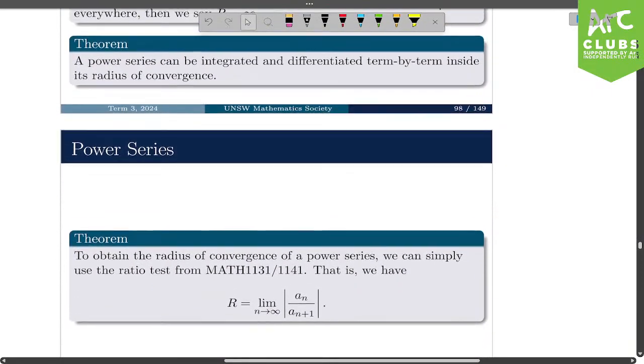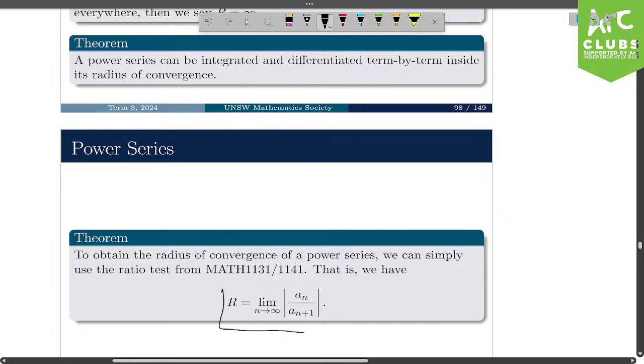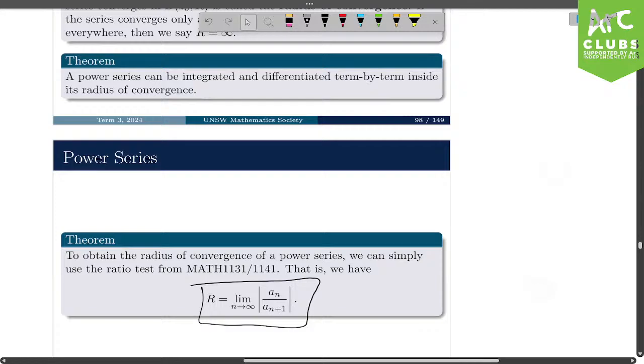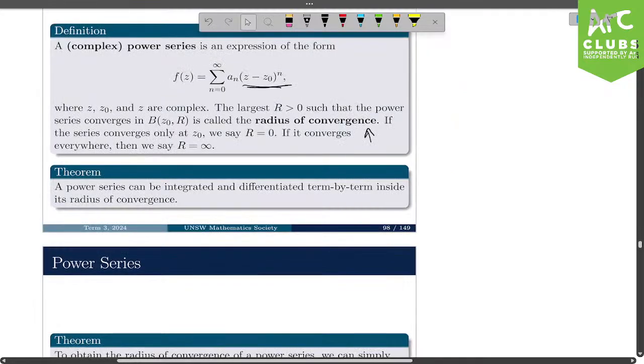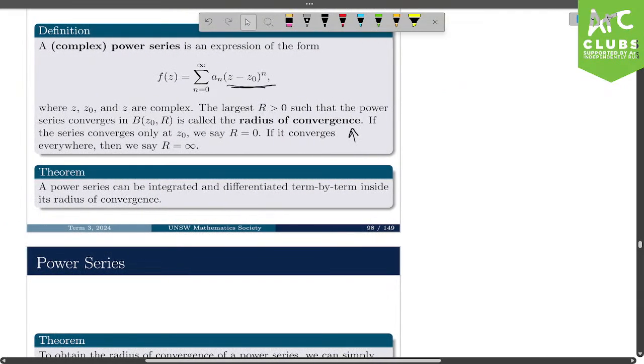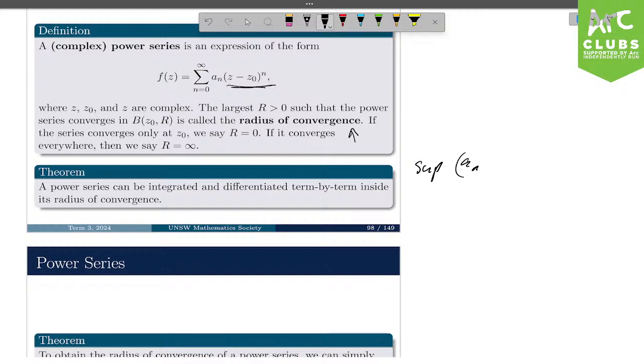A typical one used is just the ratio test, which is usually fantastic, but also, if we want to be a little bit narky, we can define it as the supremum of an, so that's just your nth coefficient, taken to the nth root, and then the reciprocal of this.